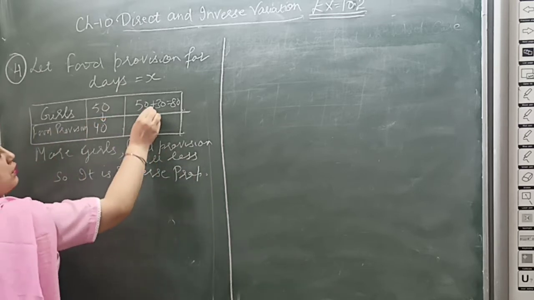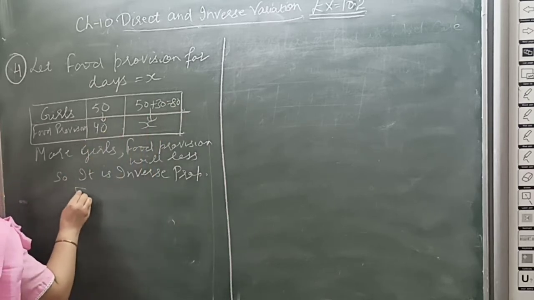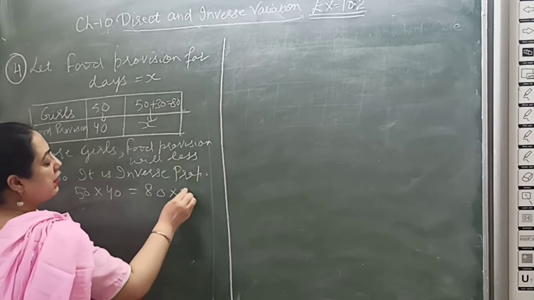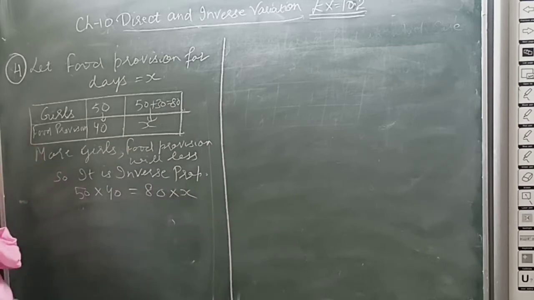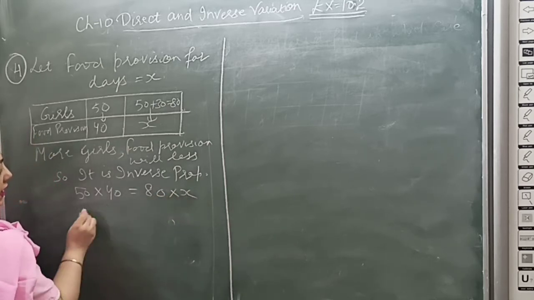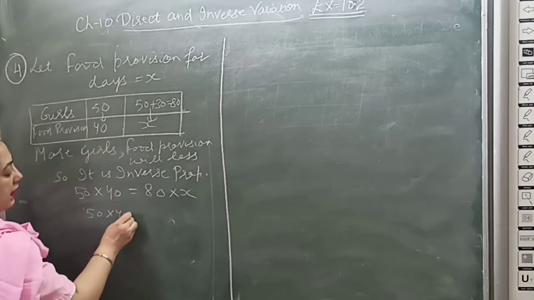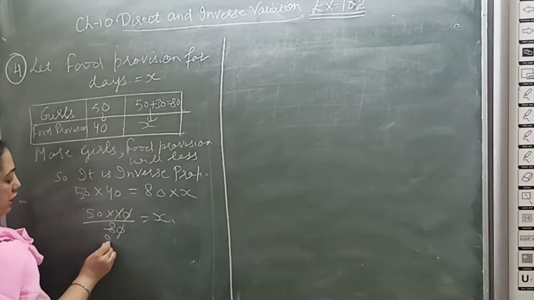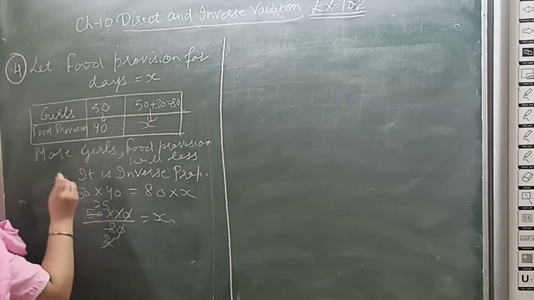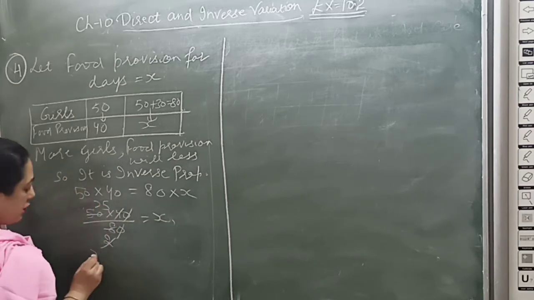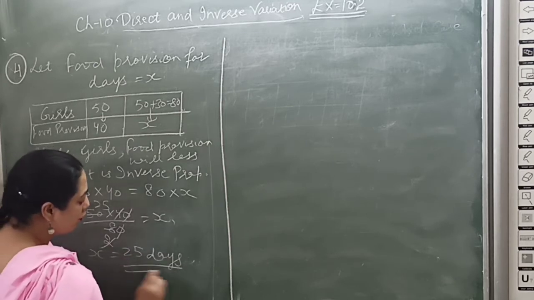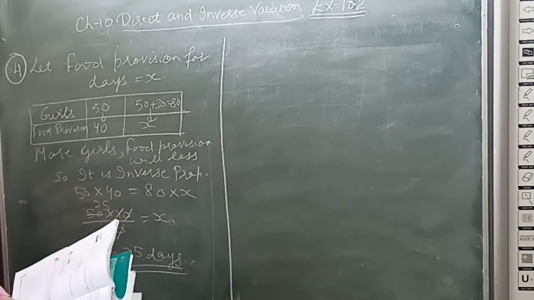That is 50 into 40 and 80 into x. Here you have to multiply 50 into 40, it is equal to 80 into x. I have to find the value of x, so I divide 50 into 40 by 80. Now do the cutting. 4 twos are 8, and beta, 2 25s are 50. So x, it is 25 days. So the food lasts for 25 days.